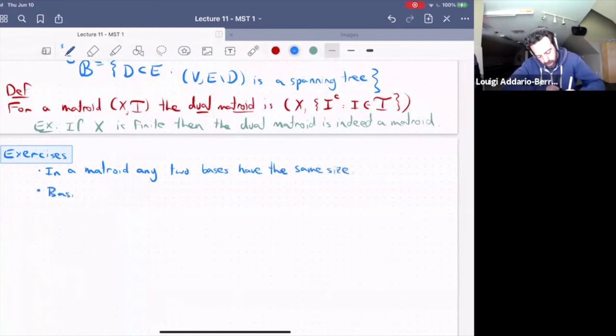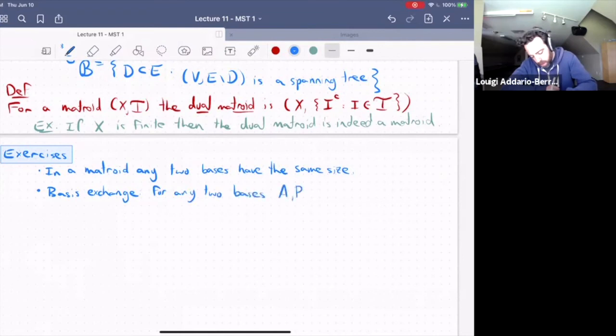There's also the basis exchange property, which is sometimes used as a definition instead of the augmentation property. So for any two bases A and B, there exist a in A and b in B such that A minus a plus b is another basis.